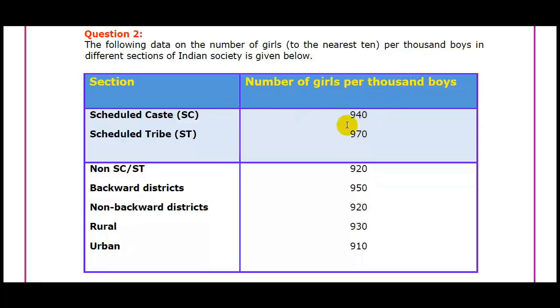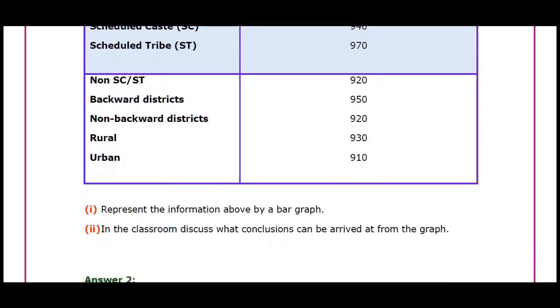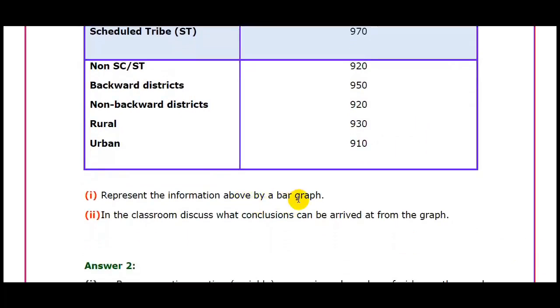For scheduled caste it is 940, scheduled tribe is 970, and for non-SC/ST it is 950. Backward district 950. These are the given data for the different sections. And the question asks you to represent this data in the form of a bar graph, and in the classroom, discuss what conclusion can be arrived at from the graph.